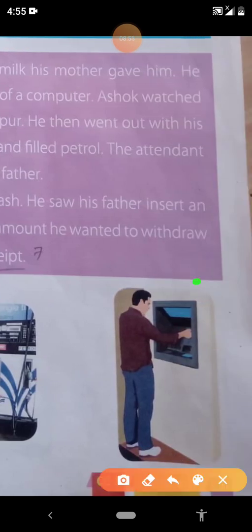So if the father went to the ATM, inserting a card into the ATM machine is input. It processes how much money the machine has to give, that is processing. And finally he gets the money and receipt, that is output. So clear? Finally, the computer works under the IPO cycle. IPO is also related to our practical life.